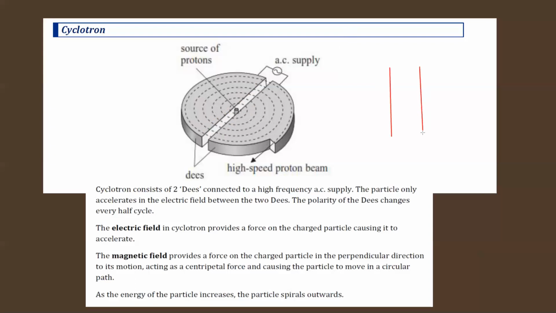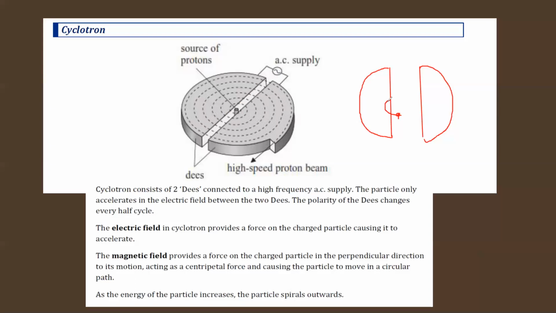So if this was a top view, and this is a D, when the proton is accelerated, it then deviates. Within the D, it is only changing direction. It is accelerating because there is a change in direction, but there is no change in speed.